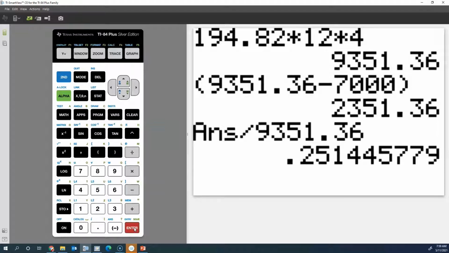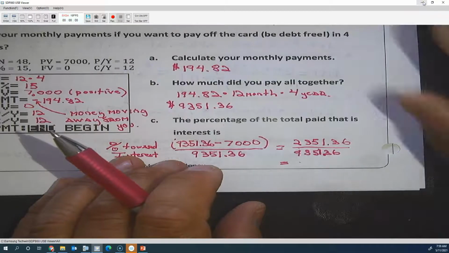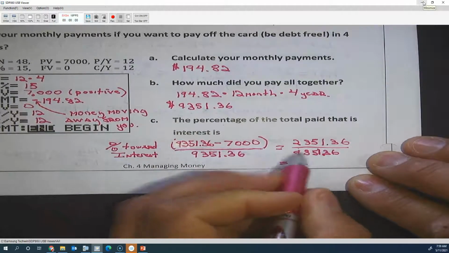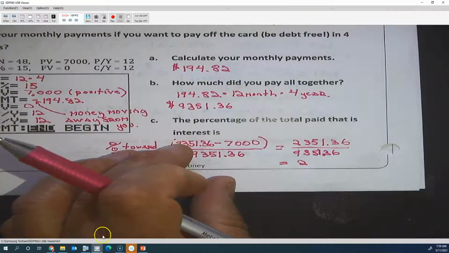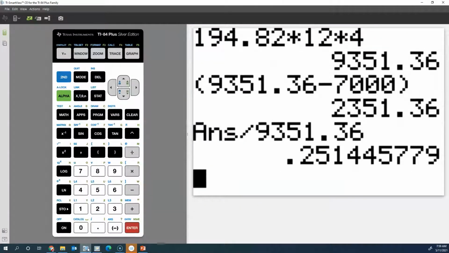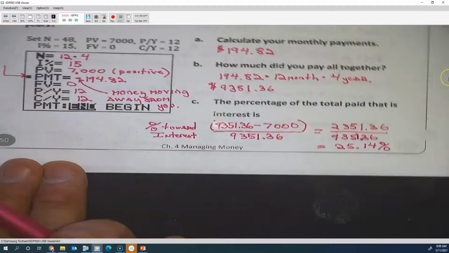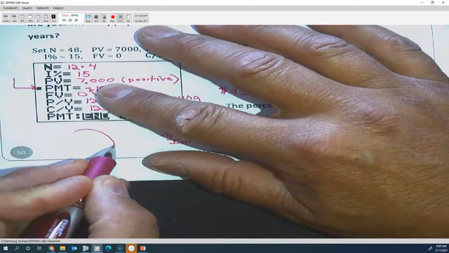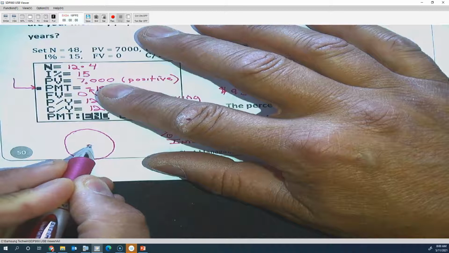And that's going to be 25.14%. So if I was doing this as a pie chart, a quarter of my money goes towards interest, approximately.